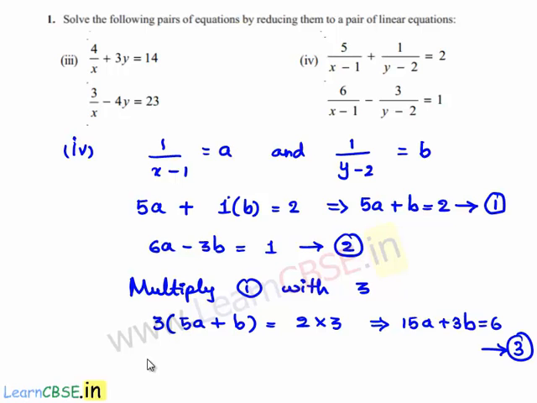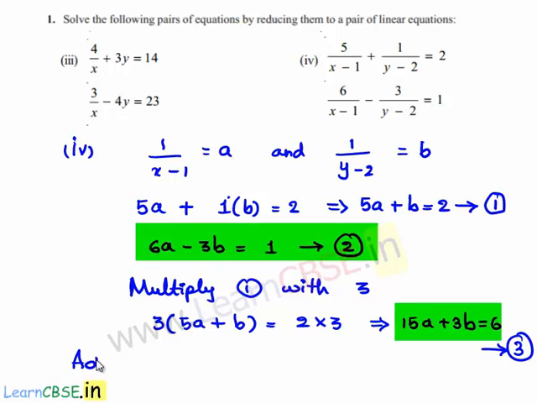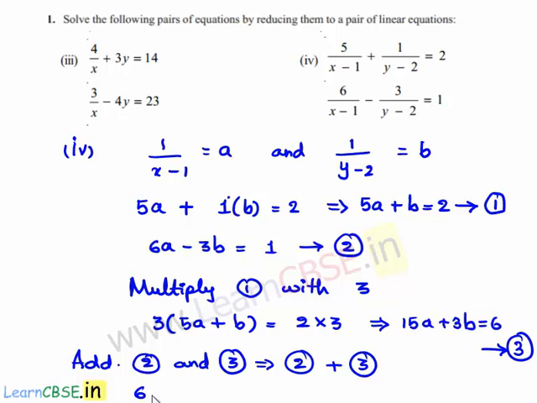Now add equations 2 and 3, that is equation 2 plus equation 3. We get 6a minus 3b plus 15a plus 3b is equal to 1 plus 6.